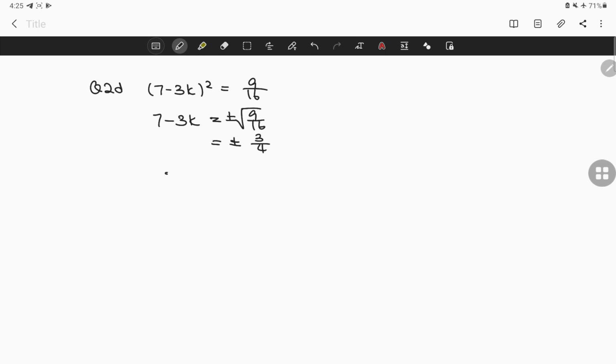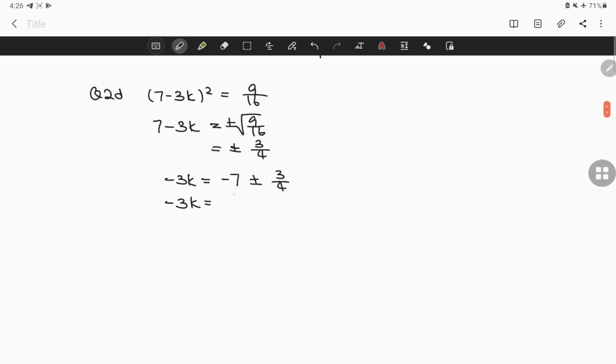Okay, so now we just need to subtract 7 on both sides of the equation to get negative 3k. Negative 3k would then be equal to negative 7 plus minus 3 over 4. So negative 3k would either be equal to negative 6.25, or it will be equal to negative 7.75.